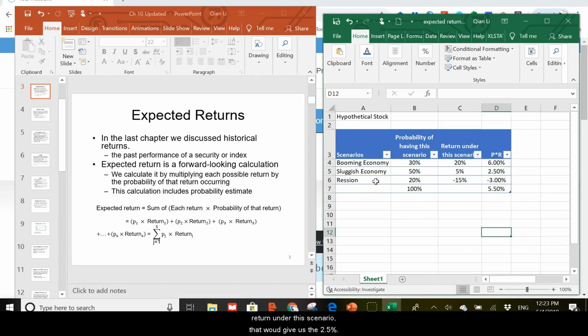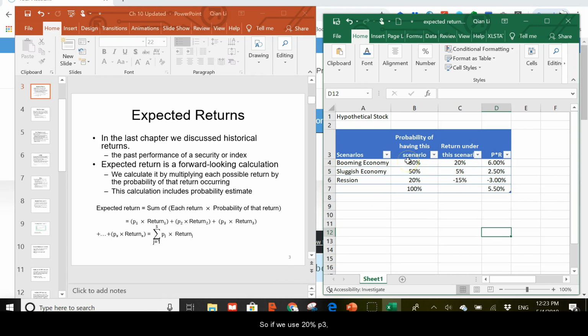If we think there also could be a recession, and the chance of having the recession is 20%. Under recession, the investors can lose 15%, or say the return is negative 15%. If we use 20%, P3, multiplied by the negative 15%, that will give us negative 3%.